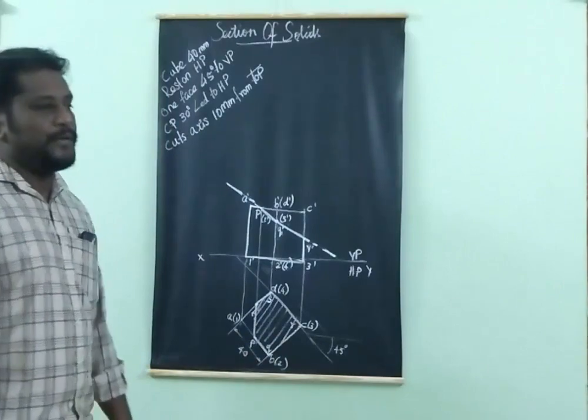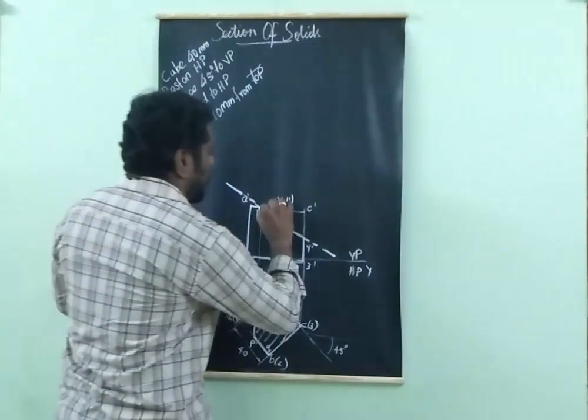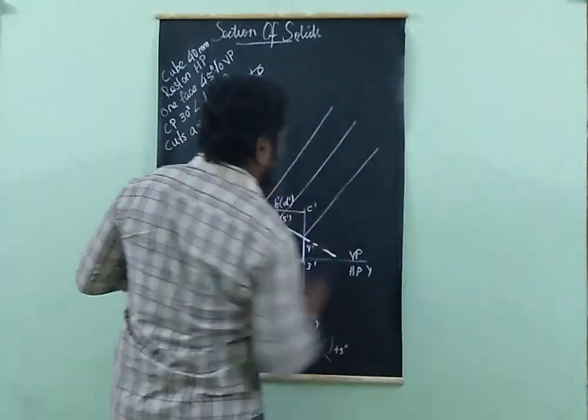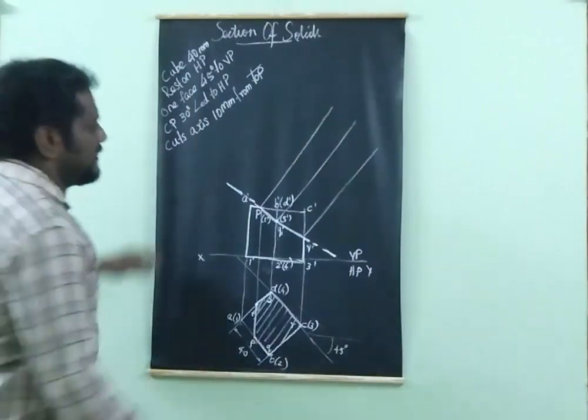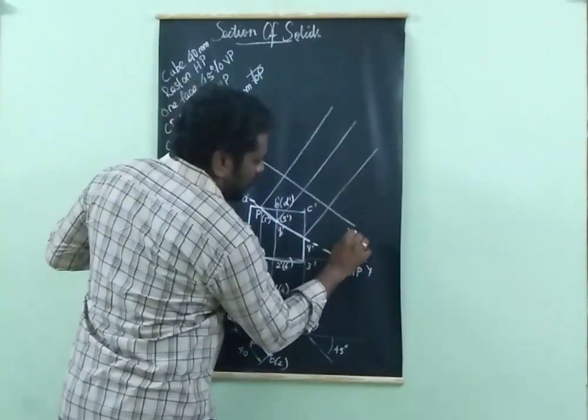The next thing you have to draw is the true shape. To draw the true shape, from point P, draw the perpendicular lines like this. Similarly, from point Q, draw the perpendicular lines like this and draw the auxiliary XY line. Name it as X1, Y1.